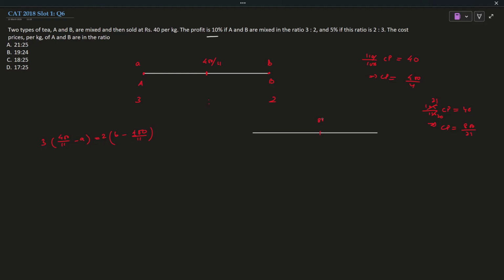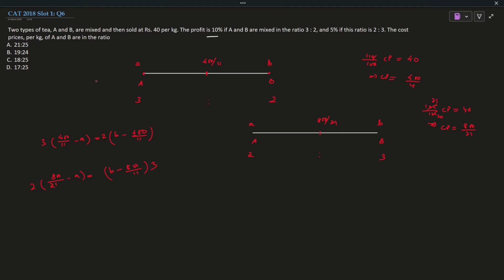This is A, this is B. Average cost price will remain the same. A and B are mixed in the ratio 2:3. From here I can say 800 by 21 minus A into 2 is equal to B minus 800 by 21 into 3.